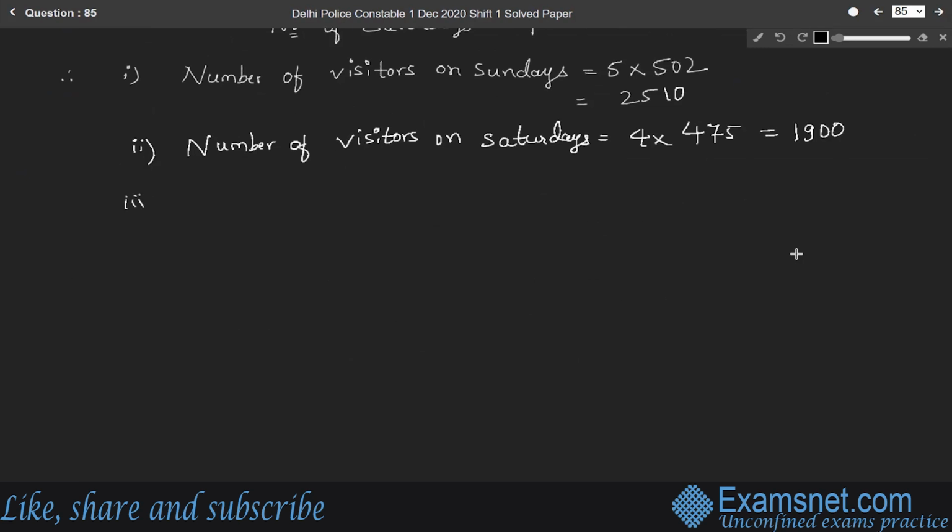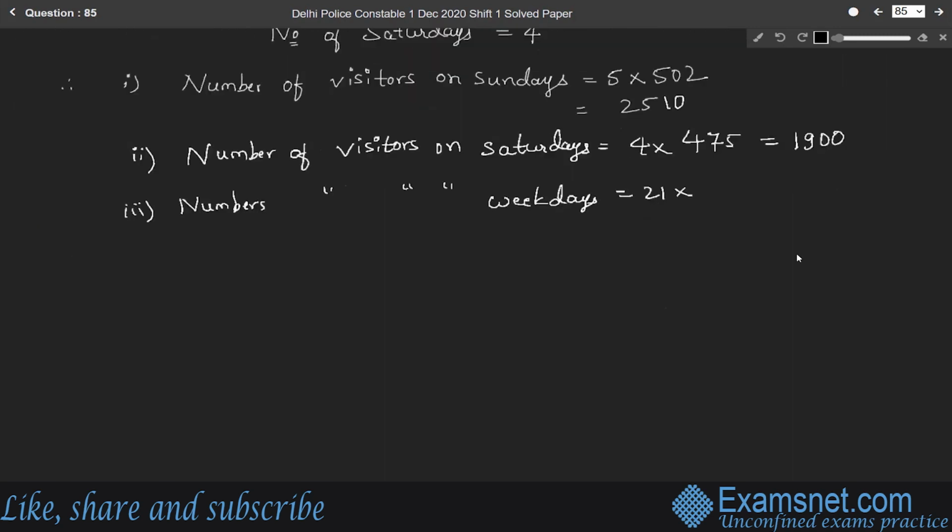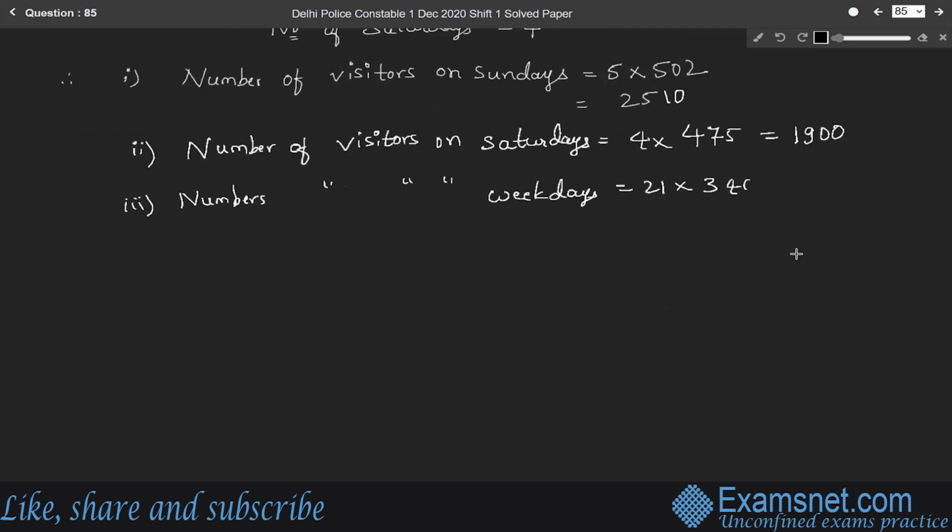And the third part, the number of visitors on weekdays. So weekdays are 21 into average visitors 340. 21 into 340 is 7140, right?